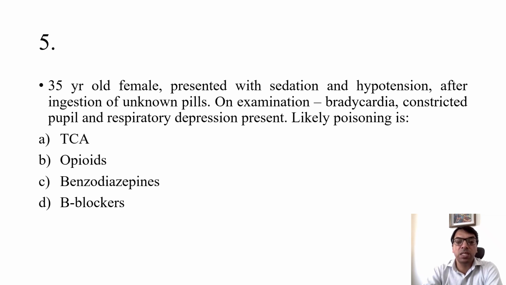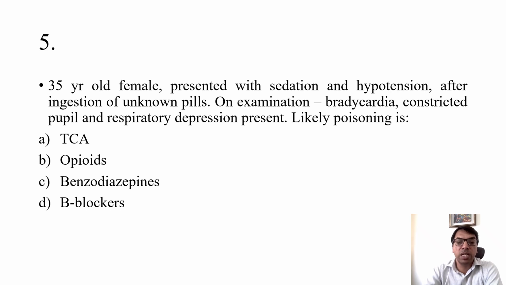In tricyclic antidepressants, they present with pupillary dilation. So the option left is opioids. In opioids, we have the triad of bradycardia, constriction of the pupil, and respiratory depression along with sedation and hypotension.